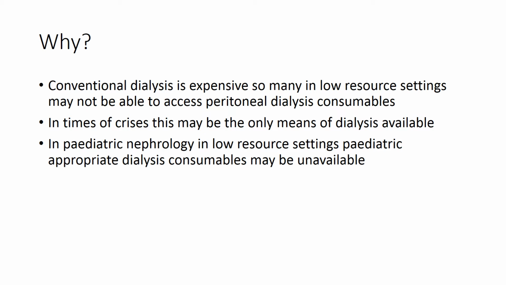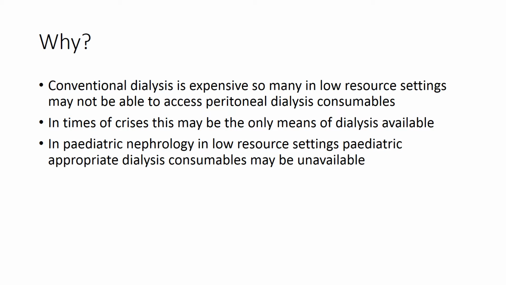And obviously, this means that we can no longer have access to peritoneal dialysis consumables, and this disrupts service. But if one knows how to provide improvised peritoneal dialysis, this need not be the case, at least for the patients with acute kidney injury.